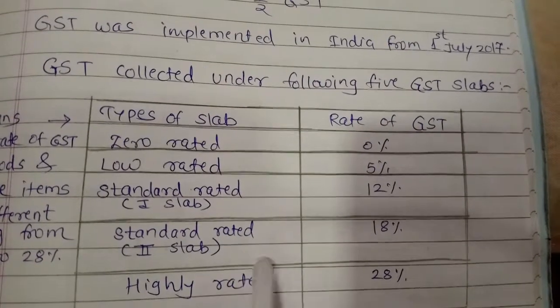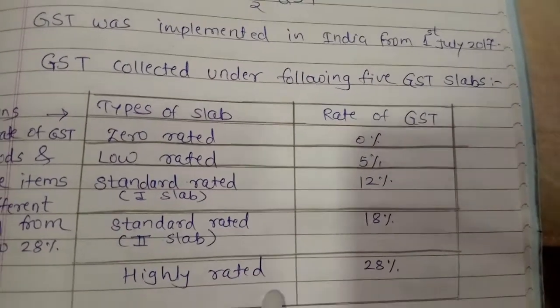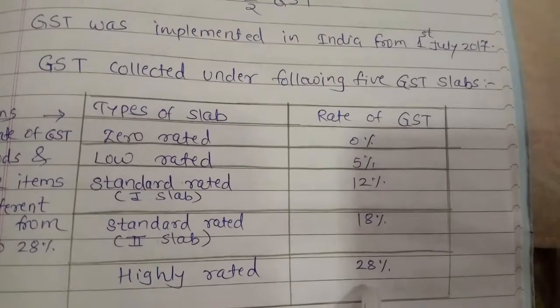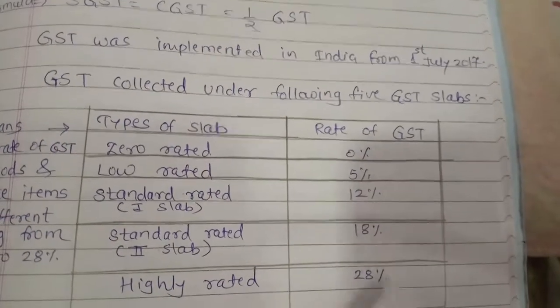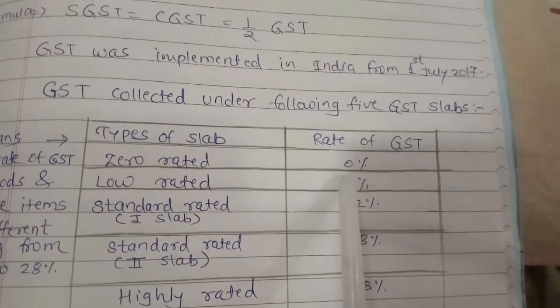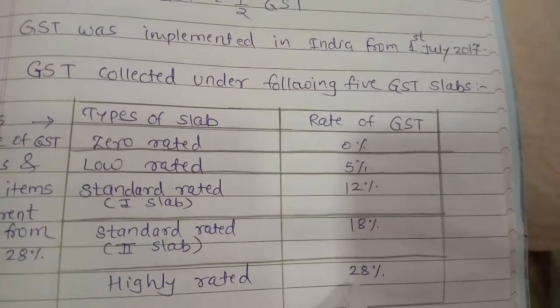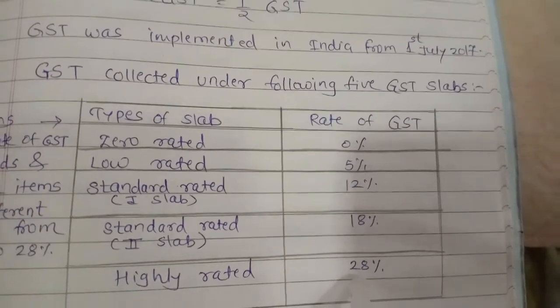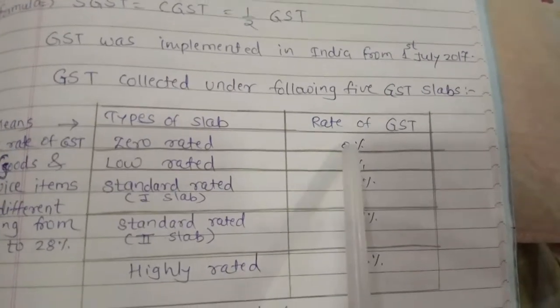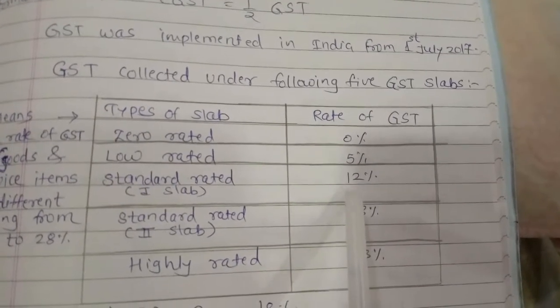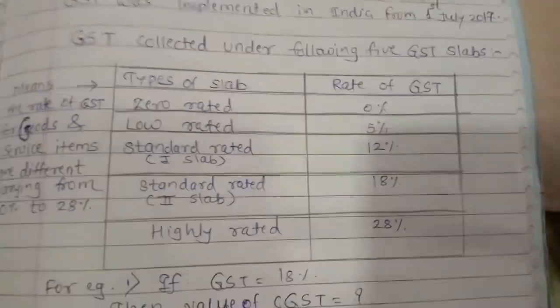Then the second slab is 18%, and the highly rated it is 28%. So these are the rates of GST, varying from 0 to 28%. For different items it is different, but the numbers are the same, that is 0%, 5%, 12%, 18% and 28%.